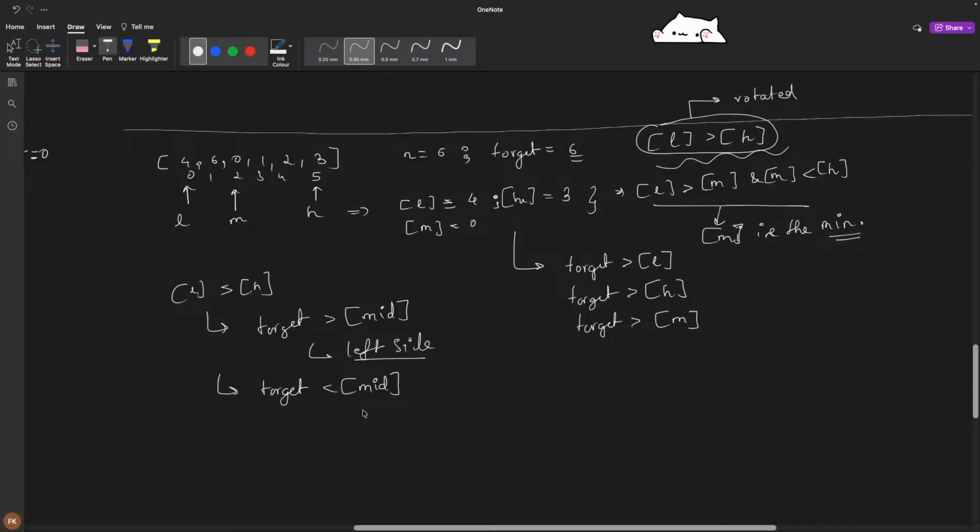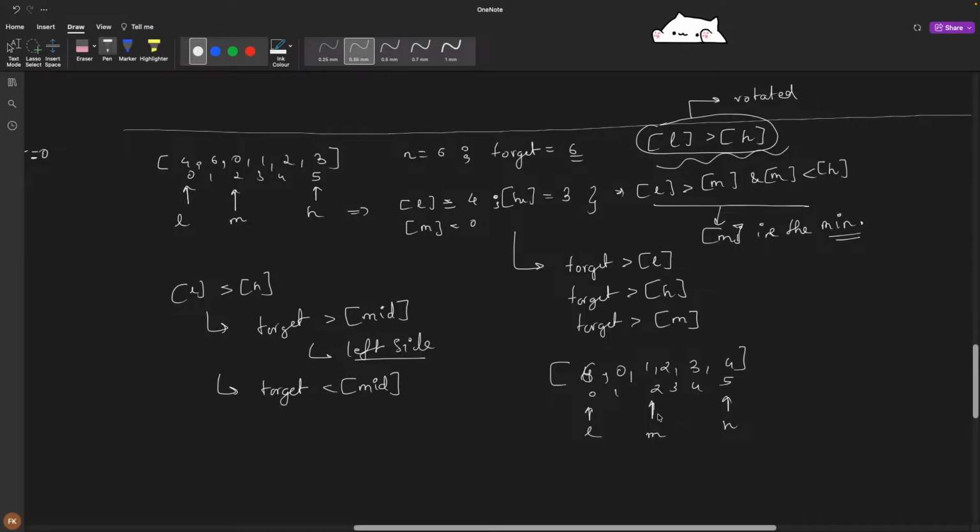When do I choose left and when do I choose right? For example, if we add 6, 0, 1, 2, 3, and 4. This is L, this is H, this is middle.